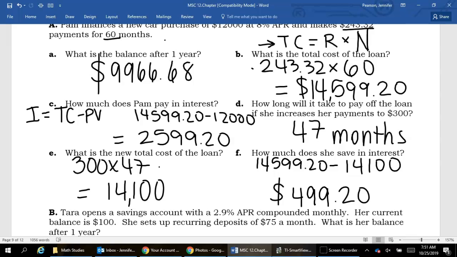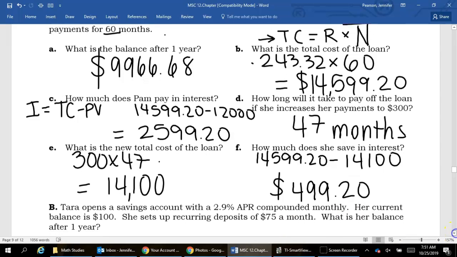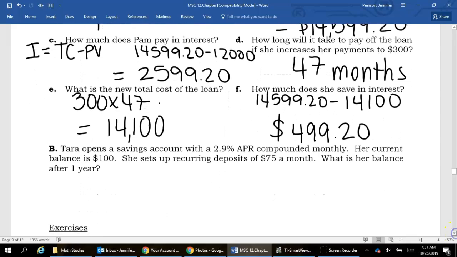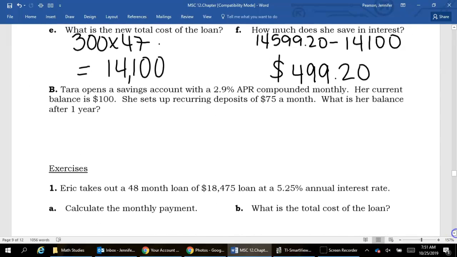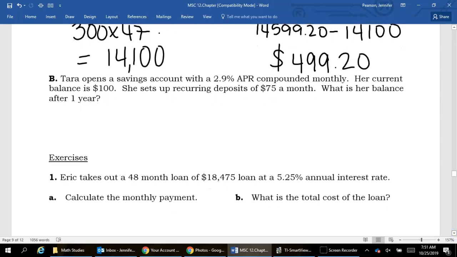Moving on to example B, it says Tara opens a savings account with a 2.9% APR compounded monthly. Her current balance is $100. She sets up recurring deposits of $75 a month. What is her balance after 1 year? I'm going to go through each of these and label the things I see.